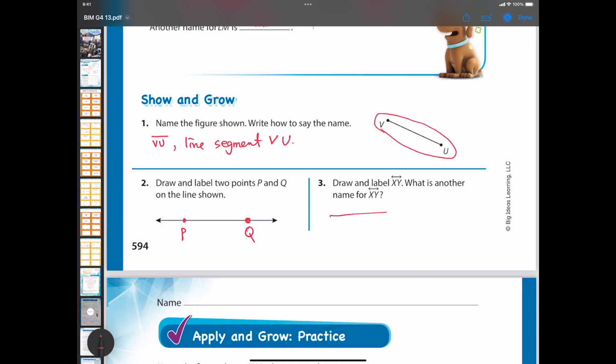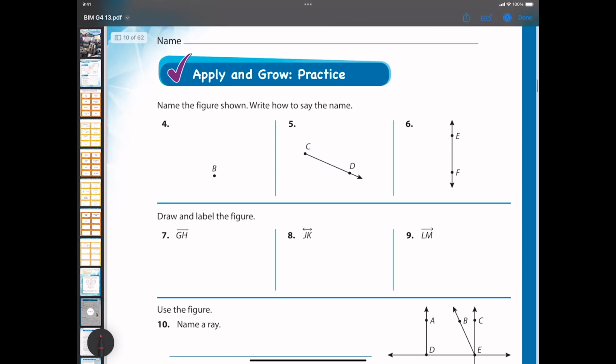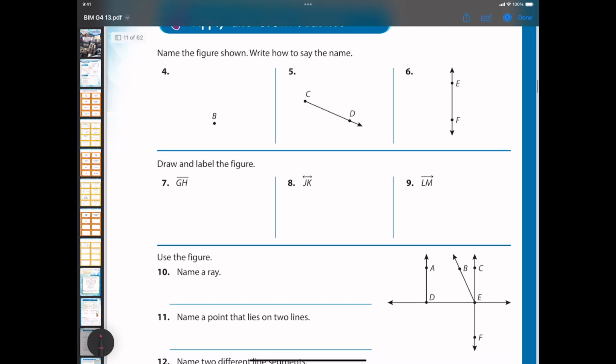Let's draw and label line XY first. And another name is what? It can be line YX. Either way is fine because there is no ending point, okay? So now number 4, from this page, I want you to do it yourself, okay? Pause the video and then check your answers with mine later.